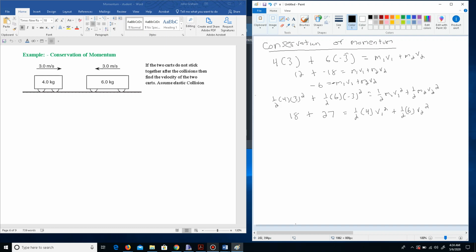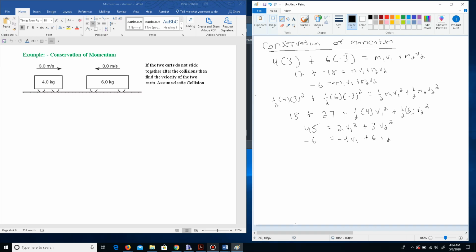There you go. That makes sense. That's what I wanted to see. And then this would be 2 v1 squared plus 3 v2 squared. And then up top here, we have -6 minus 4 v1 plus 6 v2.